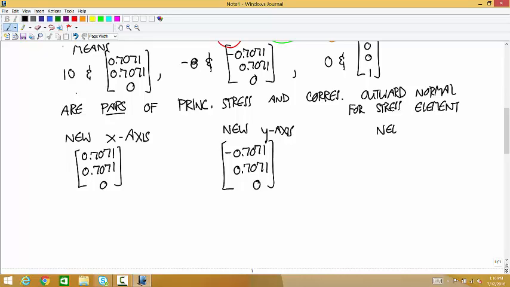And the new z-axis is the same as the old z-axis, 0, 0, 1.